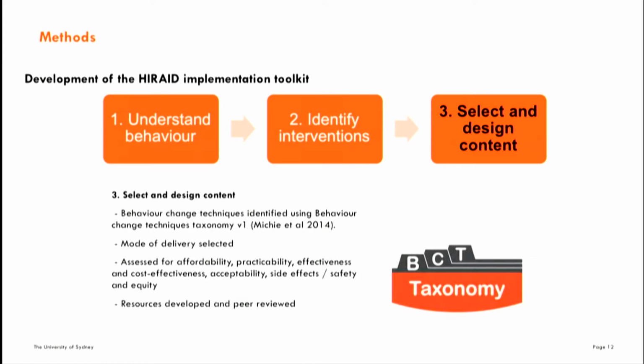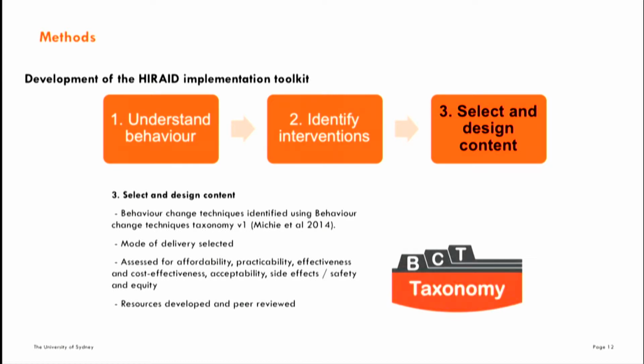So finally, once we had selected our interventions, we selected behaviour change techniques, which is also linked with the behaviour change wheel, and which are actually the things that we need to use to change the behaviour.